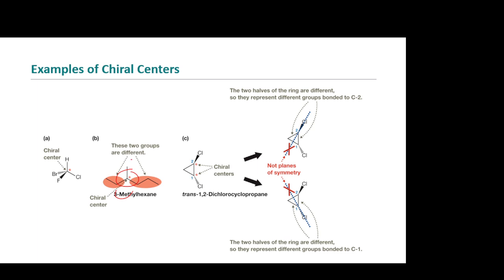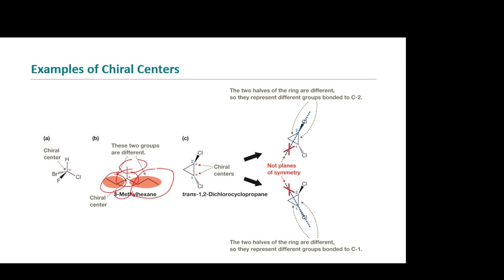And so, for example, we have a methyl here, an ethyl over here, and a propyl right over here, right? And so each of those is different. We can tell the difference between them, and therefore that middle center is a chiral center, isn't it? Okay. Does anybody have any questions right there so far?